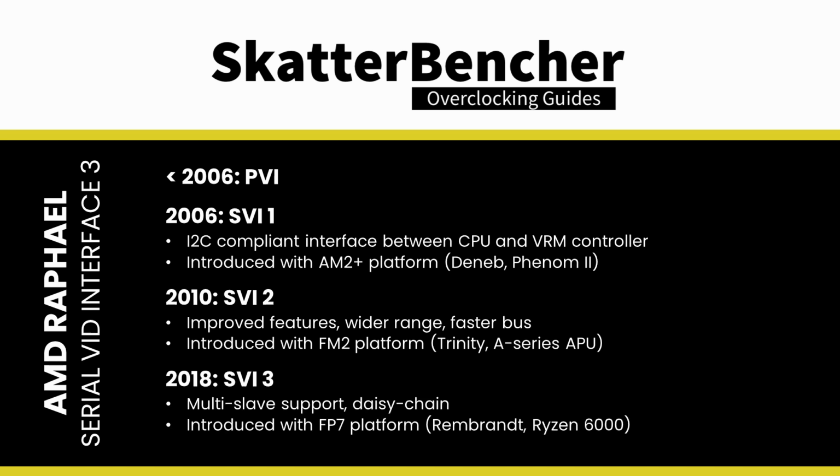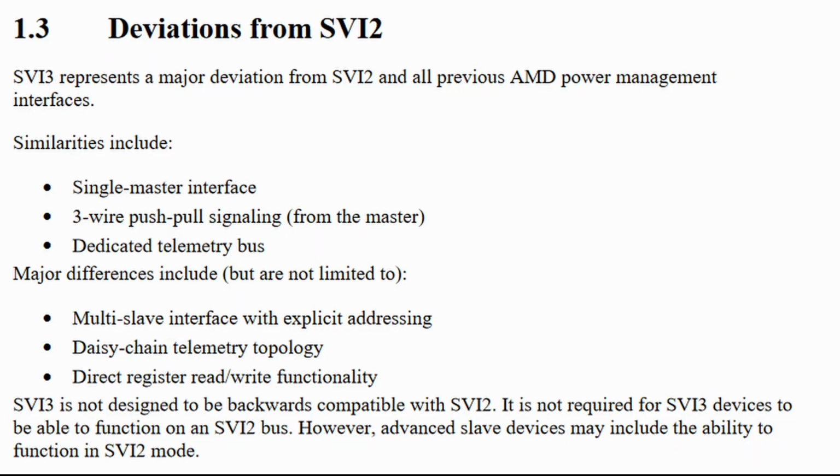The third generation SVI was available to NDA partners in November 2018 and was first implemented on the 2022 Ryzen 6000 Rembrandt mobile APUs and is now also available on AM5 Raphael. The Serial VID interface version 3 is designed to provide a scalable single master multi-slave communication bus for power management on AMD platforms.